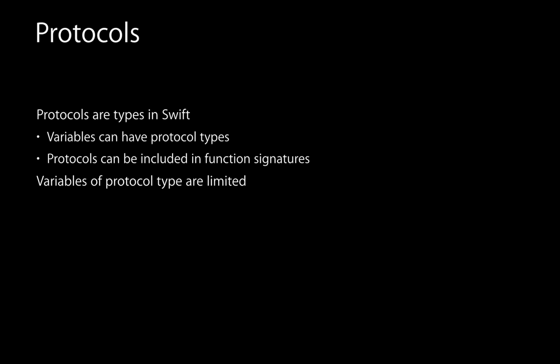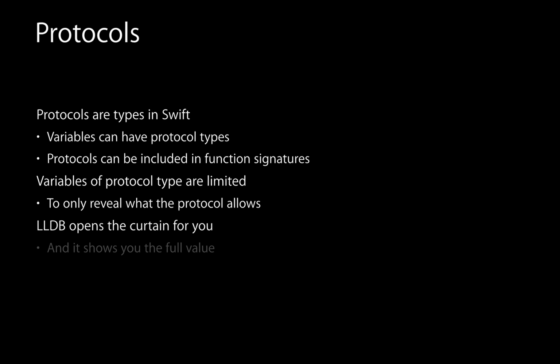By design, objects of protocol type are limited. They're constrained. They will only let you play by the rules of the protocol. That's the whole point. I want to make sure that I only do what's OK to do on the protocol type. But again, when I'm debugging, I want to see the full truth. I actually want to see my implementing object. And that's what lldb will show you.